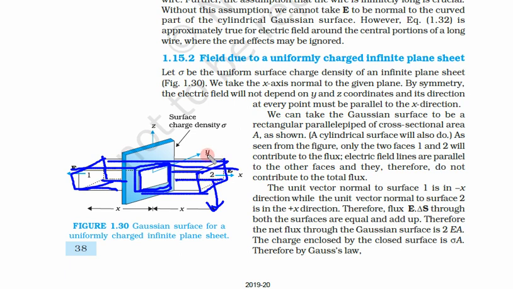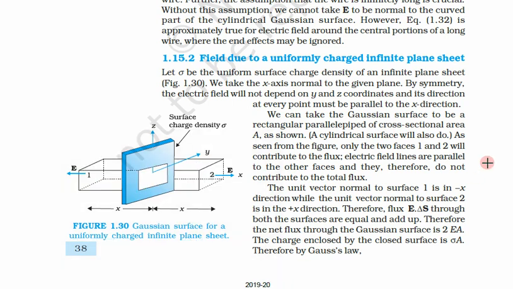Now this area is A, and this is x, and this is again x. So we took an area element A and extended it to the positive x direction as well as the negative x direction.